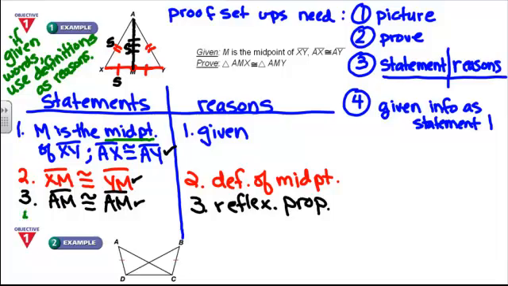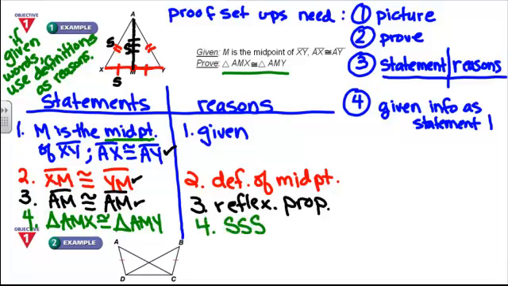So I write down what I'm trying to prove. Triangle AMX is congruent to triangle AMY. And the reason why they're congruent is because of side, side, side. And I'm done with my proof.